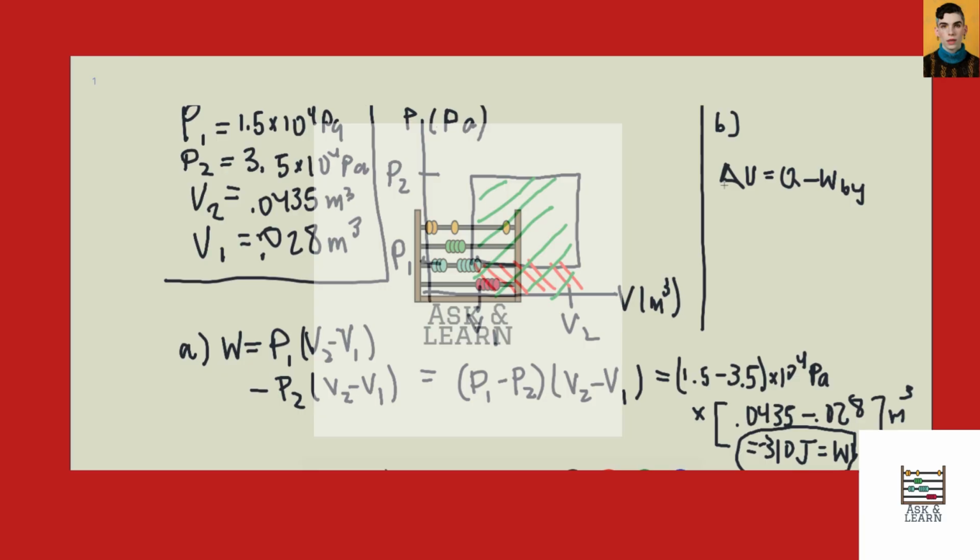And since U just depends on temperature, delta U has to be 0. So this goes to 0. And then you get Q equals the work done by the gas, which is equal to minus 310 joules. And so heat leaves the system during this process.